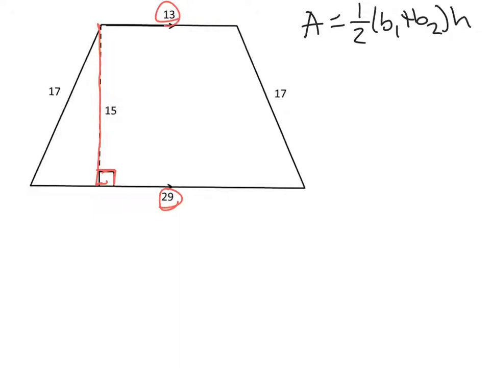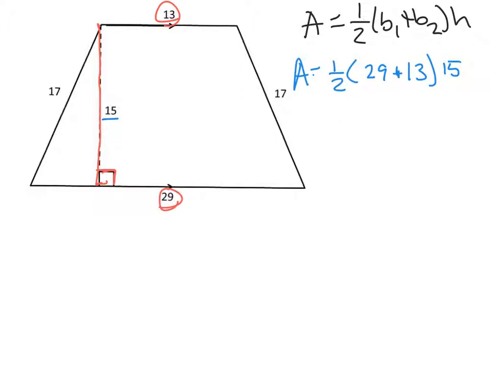All right, so for this example, we're going to plug in all of the numbers that were given, and we're going to try to find the area of this trapezoid. So the area is equal to 1/2 times base 1, which is 29, plus base 2, which is 13, and all that has to get multiplied by the height, which is 15.